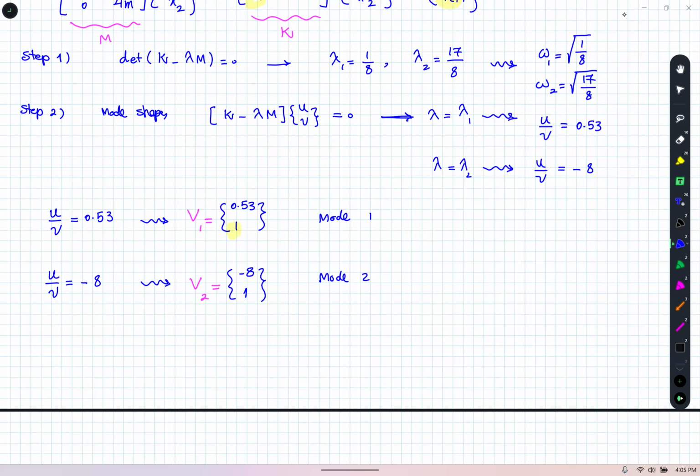The method that we choose, I call it step number 3, is to find the scaling factor to normalize these two vectors. That scaling factor is simply the square root of V1 transpose matrix M V1.